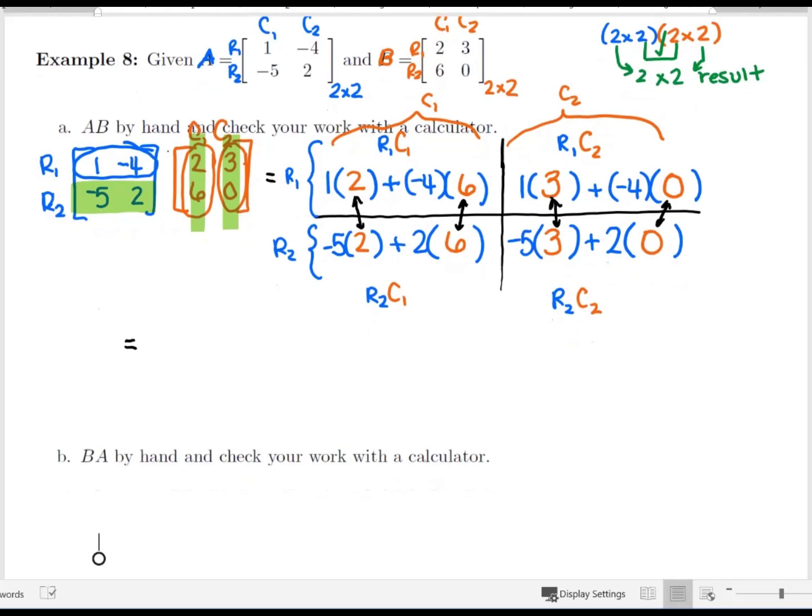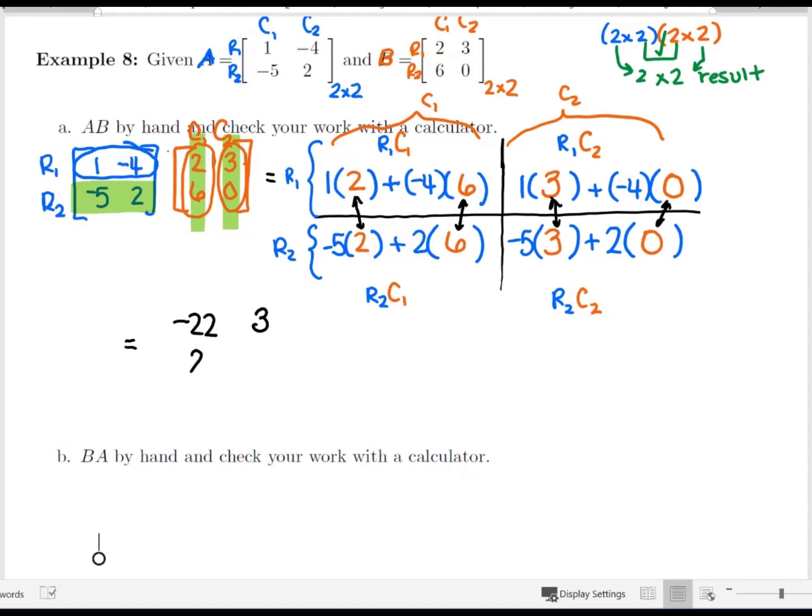In row 1, column 1, top left corner, 1 times 2 plus -4 times 6 should get you -22. Moving across the top row, so row 1, column 2. We have 1 times 3 plus -4 times 0. You should get 3. Bottom left, we have -5 times 2 plus 2 times 6.